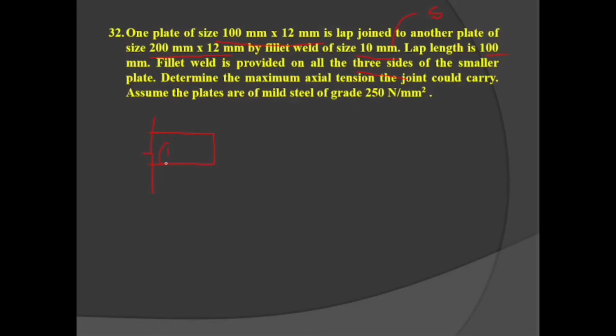This is our plate number 1, which has to be connected to another plate, plate number 2. This may have a continuous length. This overlap is given here, here, here, and is limited to 100 mm.